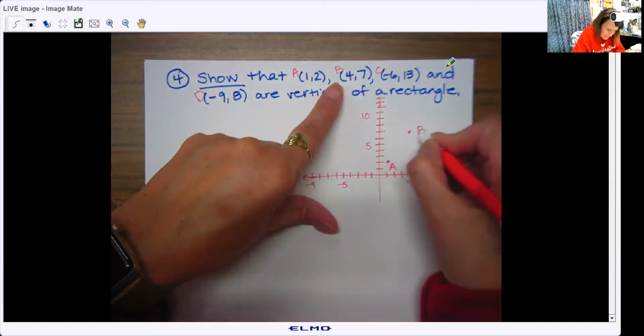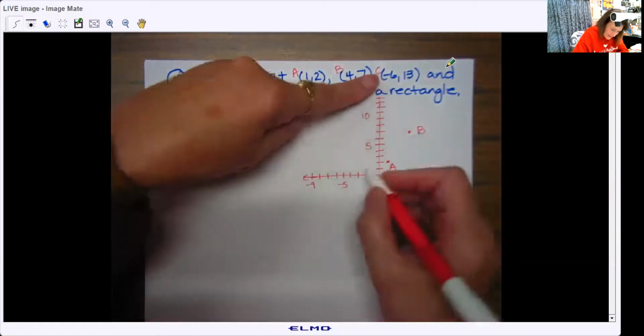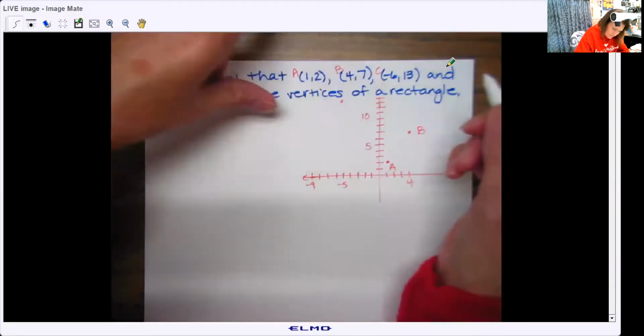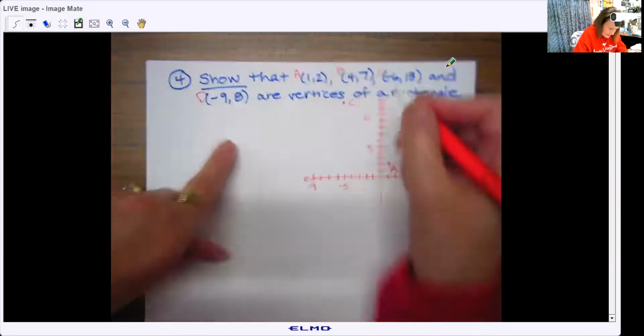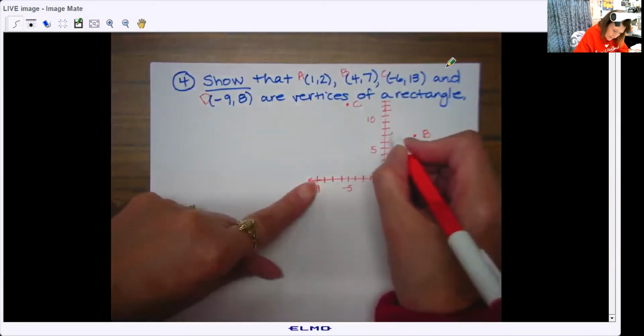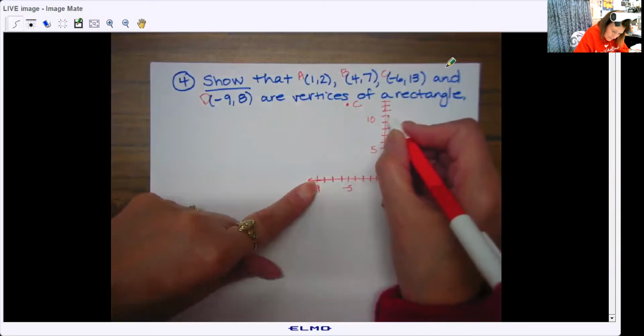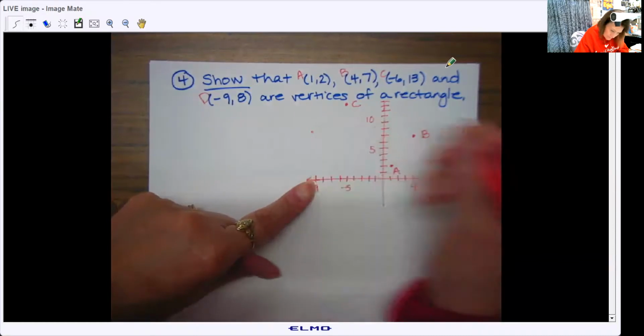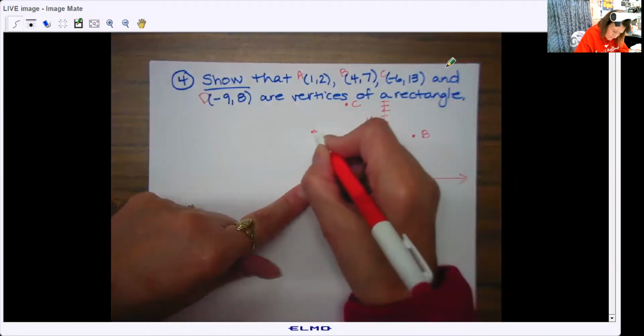That's B. We've got C at -6, 13. That's C. And D is at -9, 8.